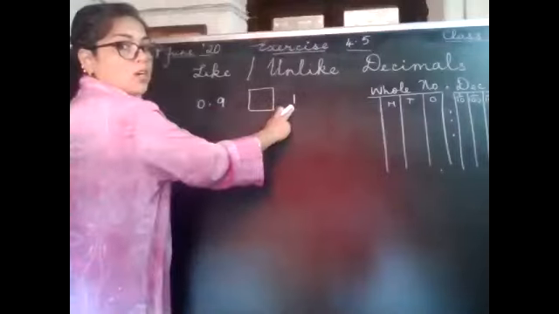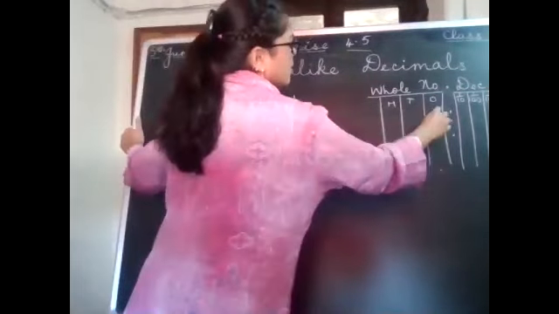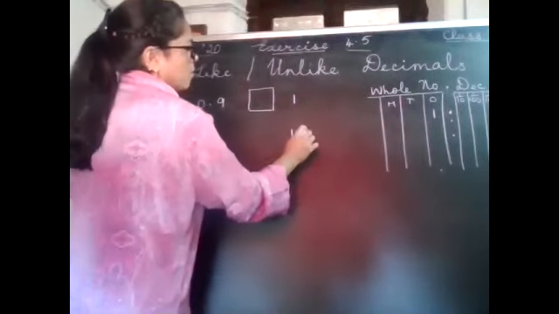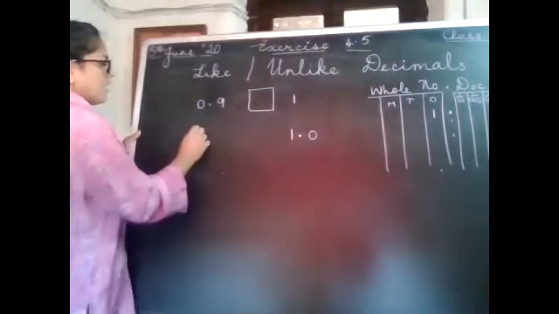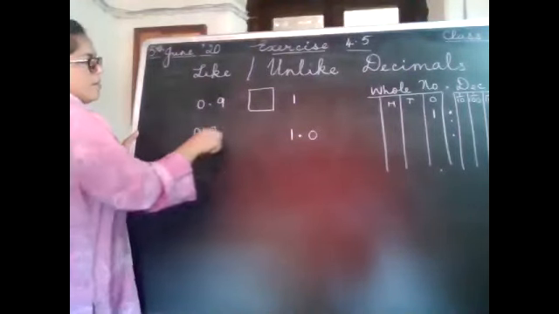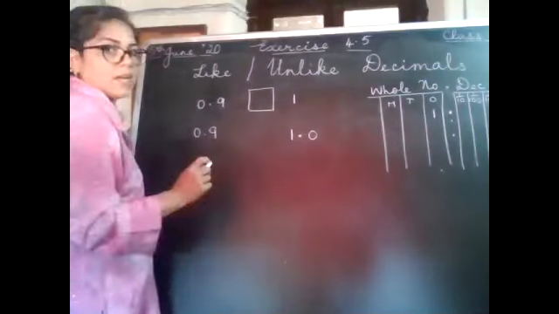So this is 1, a whole number 1, so obviously it will come here. The point is after that. So this will become 1.0 and here it is 0.9. Now these are the numbers that are to be compared.